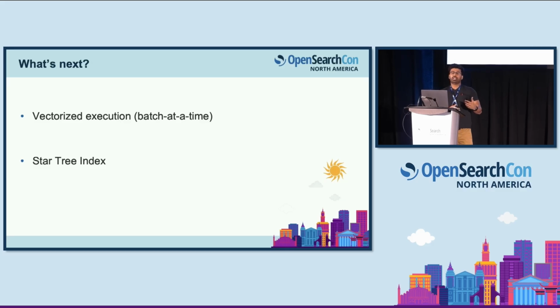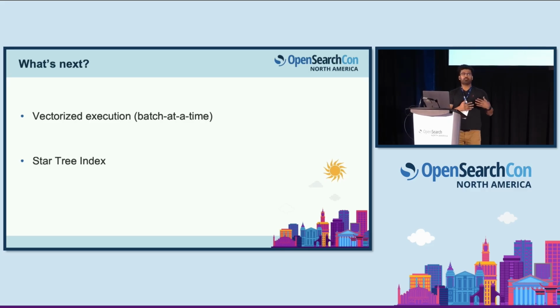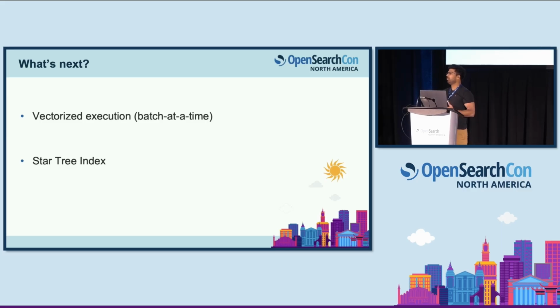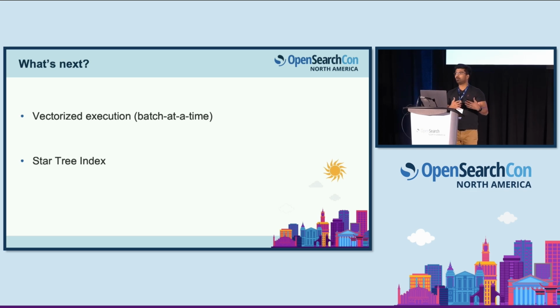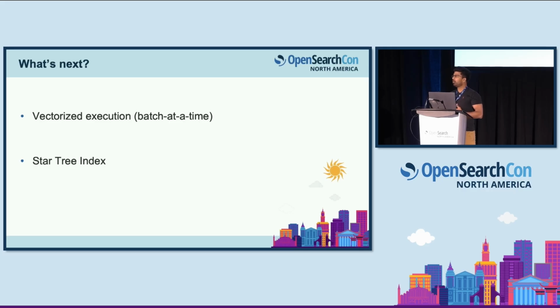Instead, especially for some scalar function executions, for example, if you want to do an aggregation for sum, min, or max, that is something which can be very easily vectorized. Instead of doing one doc value, we can load hundreds of them and execute them in a single instruction using SIMD.